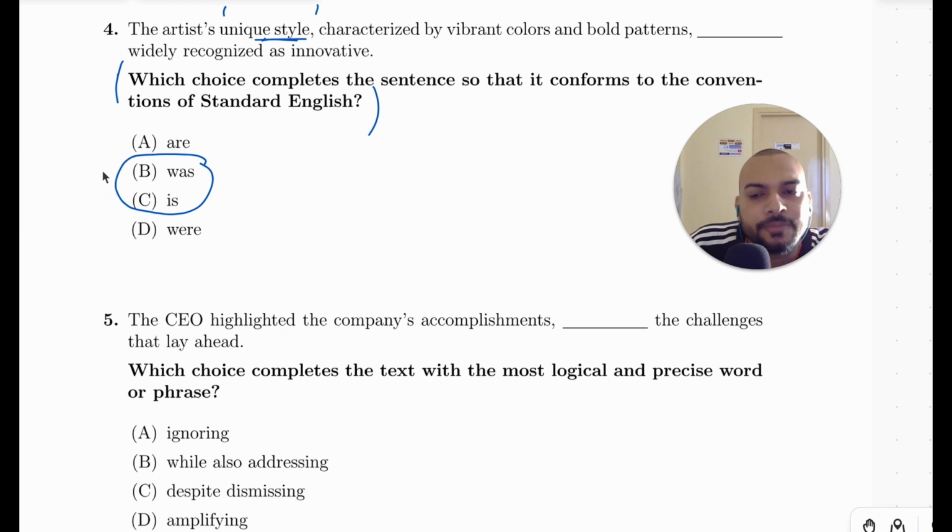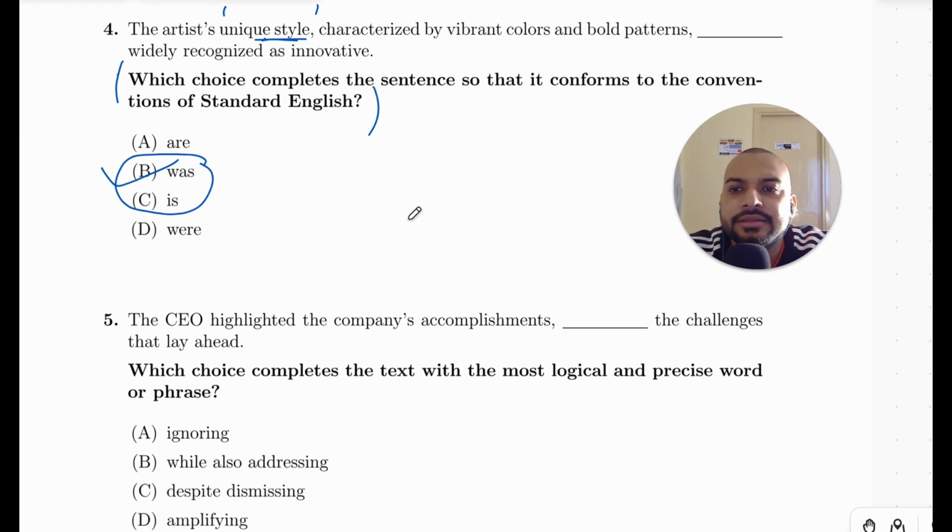So option B fits this more appropriately because it has already been recognized. So I would say was widely recognized as innovative. So the people who saw the unique style, they recognized it as innovative. Okay, so fourth question, option B.